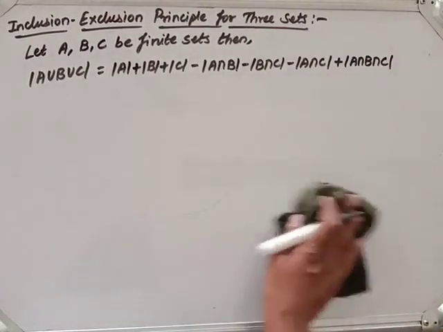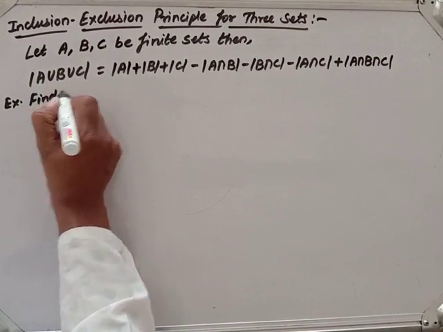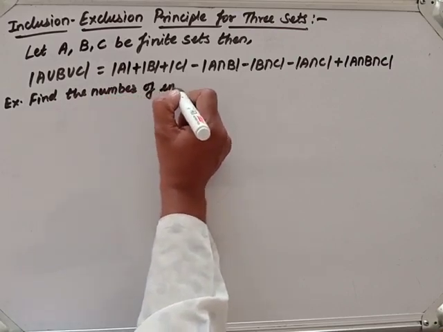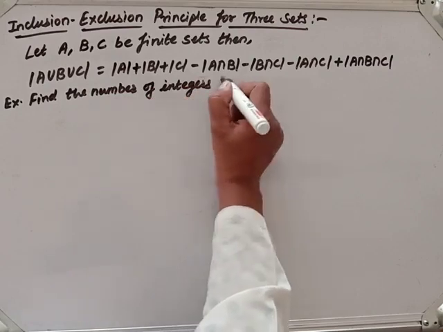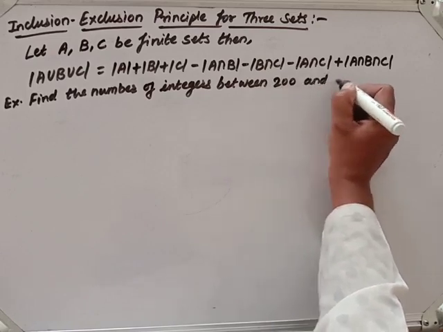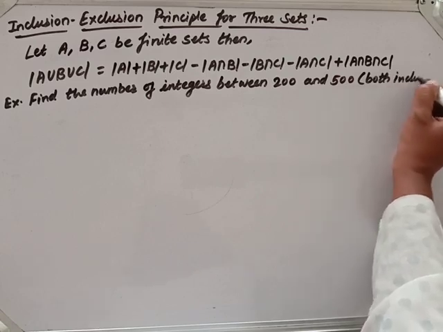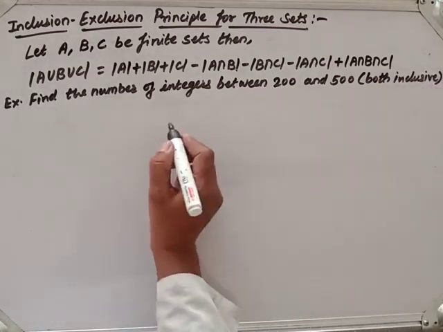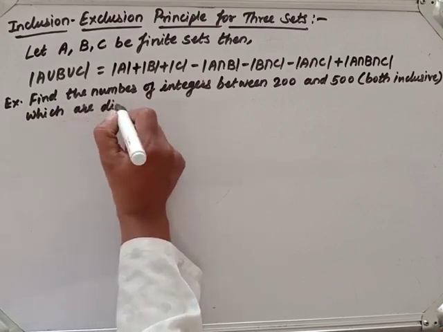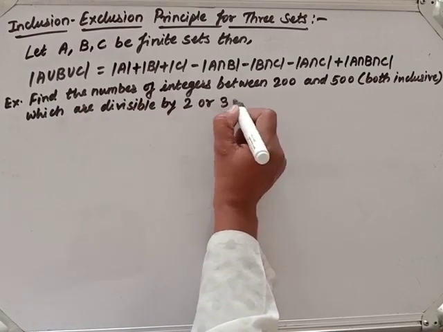Now let us see an example on this. Find the number of integers between 200 and 500, both inclusive, which are divisible by 2 or 3 or 7.